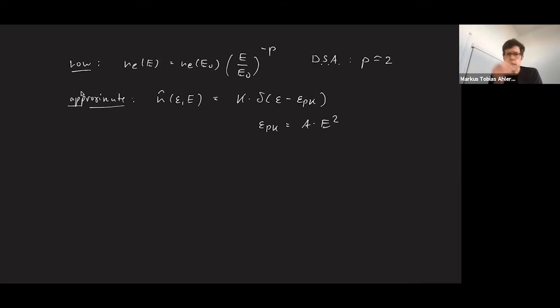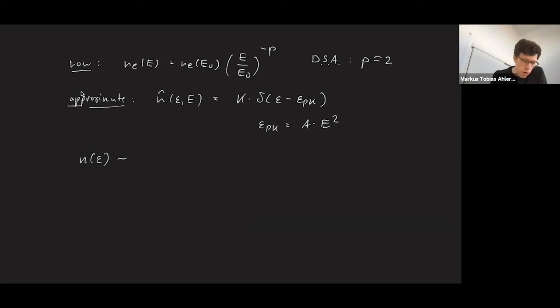What we're interested in now is what the outcoming photon spectrum actually is if you have a population of sources that follows a power law. And this combined emission of photons, n hat epsilon E, that was the emission of a single electron.